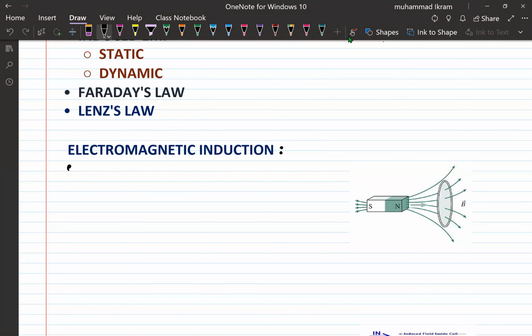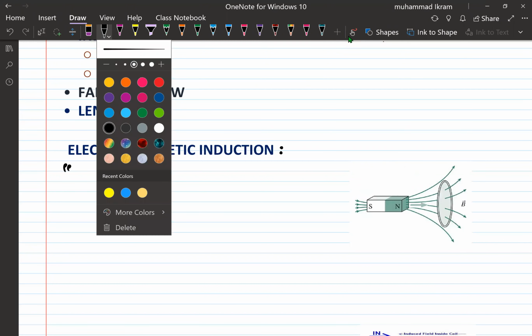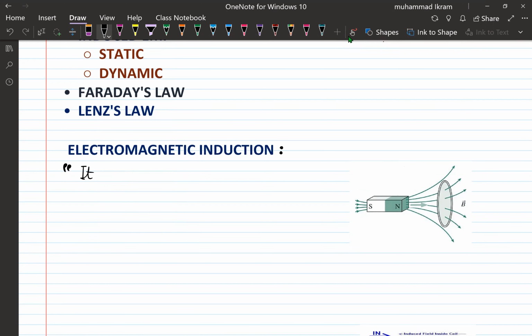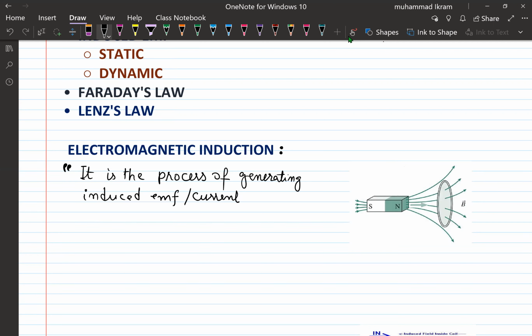Electromagnetic induction is, in fact, the process of generating induced current, induced EMF, or you can say current, because current is always caused by the EMF.